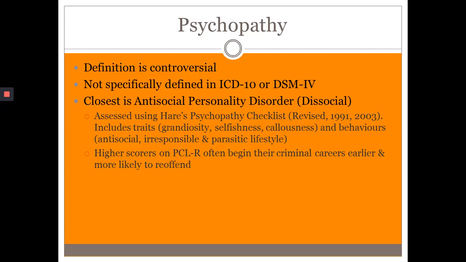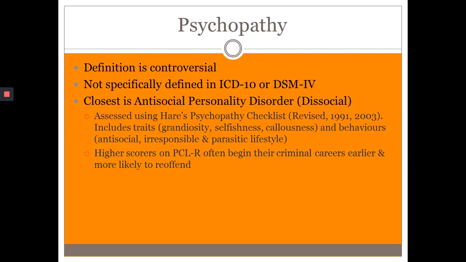Original research goes back to Hare, who developed the psychopathy checklist, which was a fairly long list of rather unfortunate traits that an individual might possess, and the more that could be ticked off on this list of traits, the more likely someone was to receive what was then called a psychopathy diagnosis, and these days is the APD diagnosis.